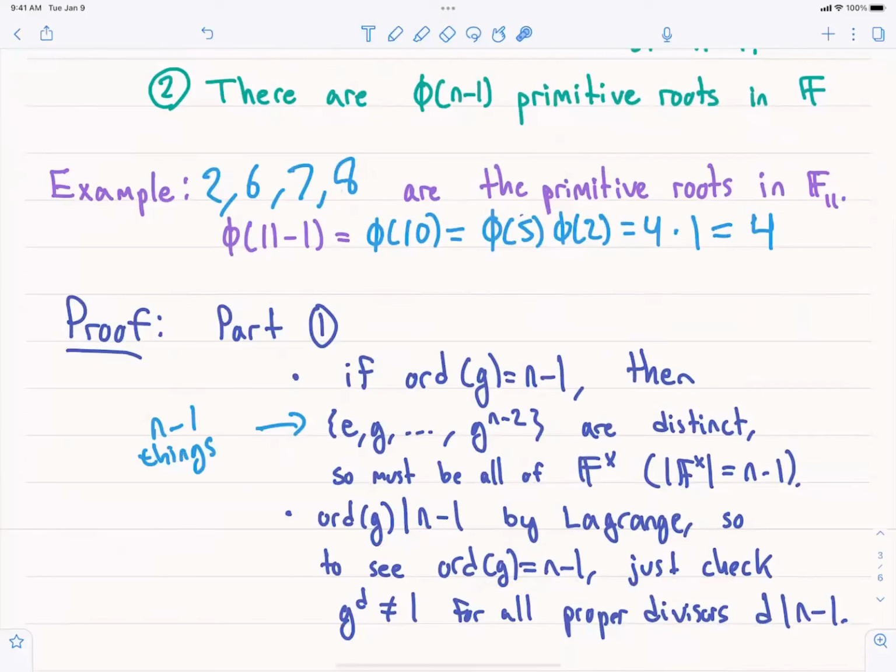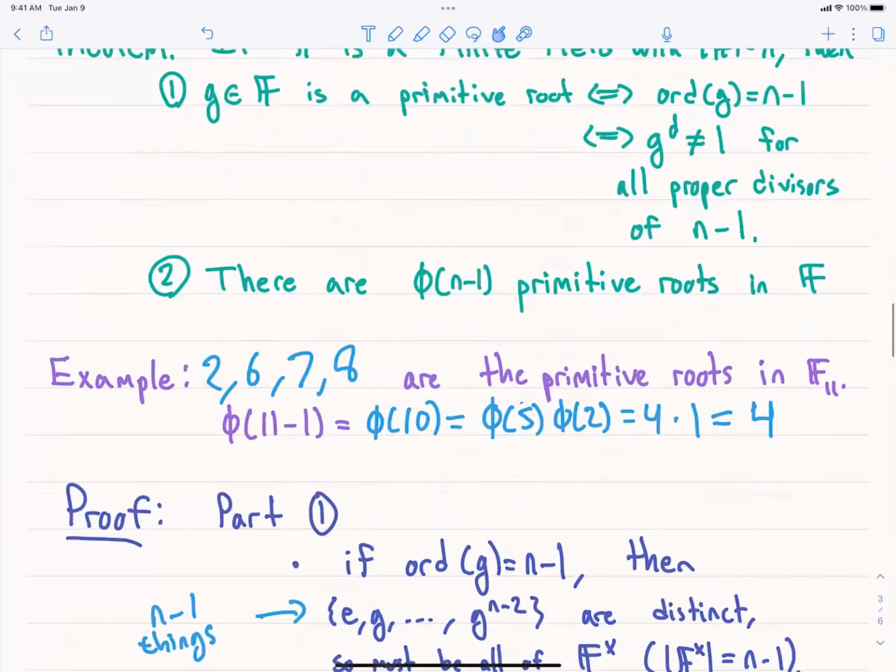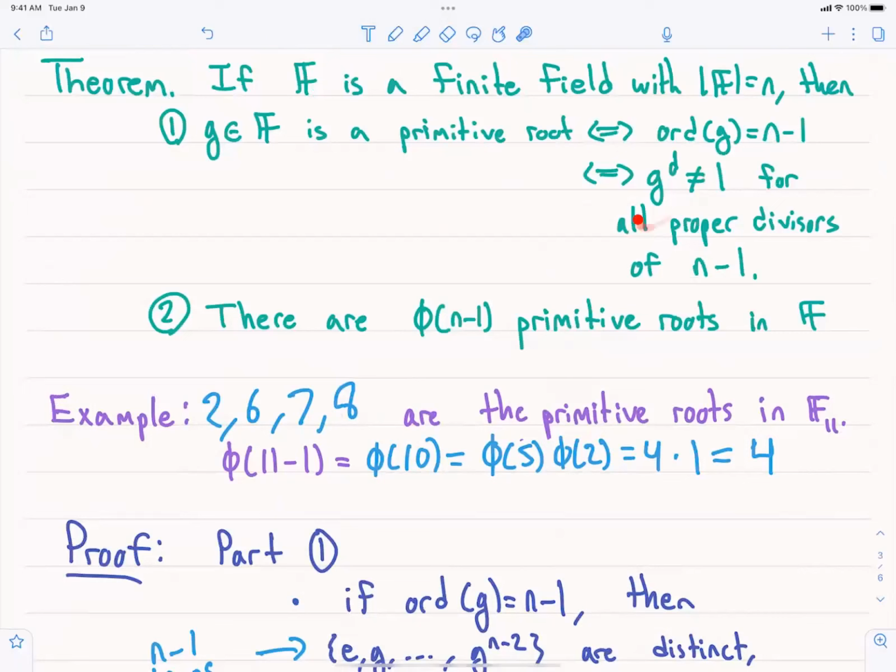So as long as g to the d is not equal to 1 for any proper divisor, g has to have order n minus 1. So the second part is really just using Lagrange's theorem: the order of g is equal to n minus 1 if and only if g to the d is not 1 for all proper divisors.